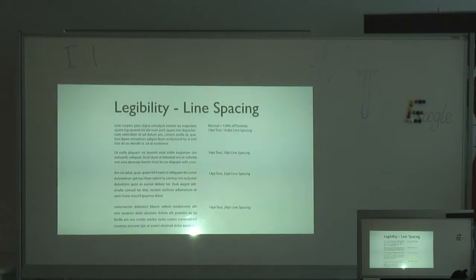Which of these is good? Which one is bad, and why? I like the first one, but just because that's what I'm used to.